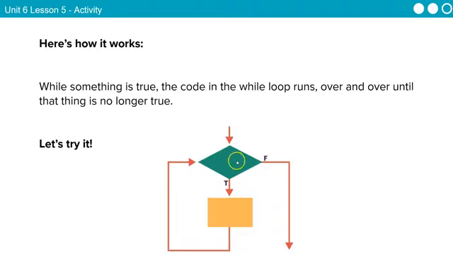This is the condition, or as they said here, that something is true. It's going to evaluate to true or false. Every time it evaluates to true, we come down here, do whatever code we needed to in this orange square, and then it starts over. It looks at that condition again and asks, is this condition still true? If it is, it will run the code in the orange block and then check again. It's going to keep doing this until the condition becomes false, at which point it will exit that loop.